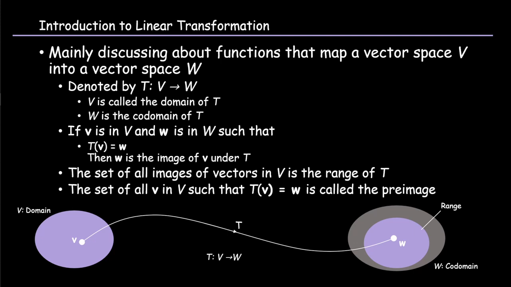And so a section of the vector space W will be considered the range of that function, and the vector space V would be considered the domain of that function. And like I mentioned, V is the domain, W is the codomain. If it was the other way around, so T(w) is equal to v, then W would be the domain and V would be the codomain.